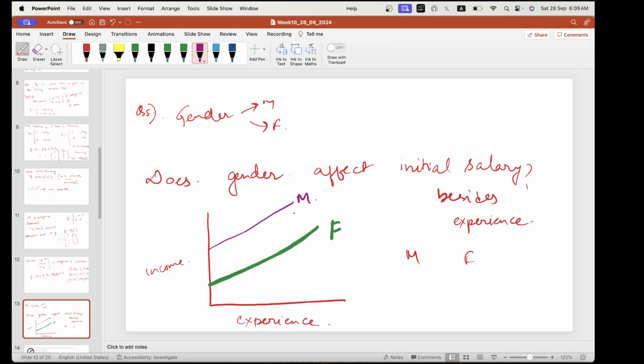So if this is the scenario, then we can see that even with some experience, 0 years, 1 year, 2 years, 3 years, 4 years, we see some sort of difference between males and females in the intercept term. The slope remains the same, but the intercept changes.